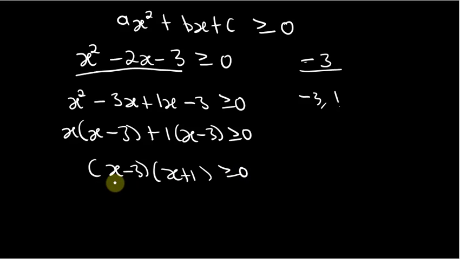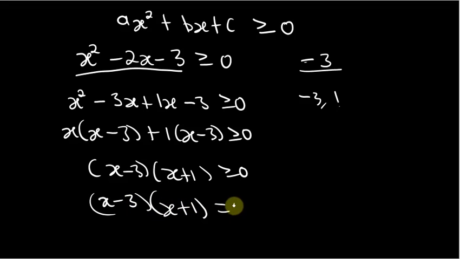Now at this point, we change the inequality symbol there. We equate it to 0, then we solve for x, because we are going to use the two values that will be derived from this quadratic inequality. So we are going to have x minus 3 times x plus 1 being equal to 0. We take each linear factor and equate it to 0.